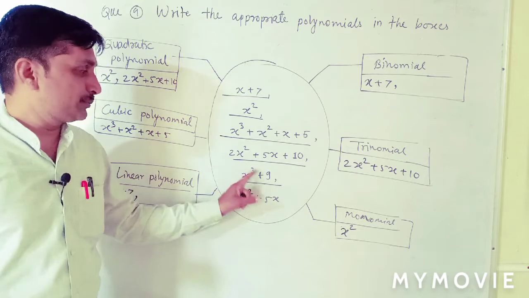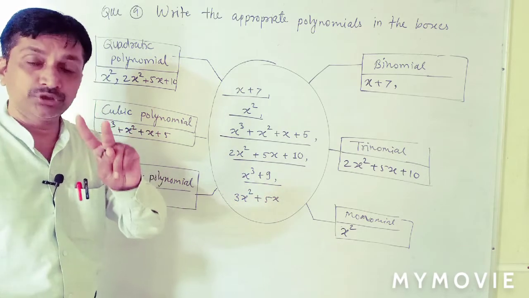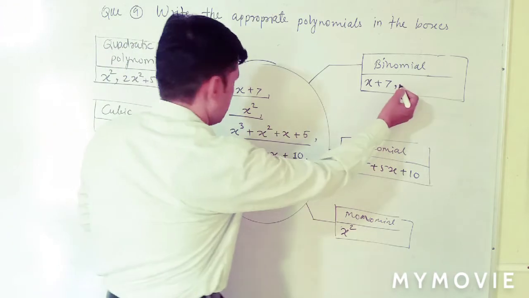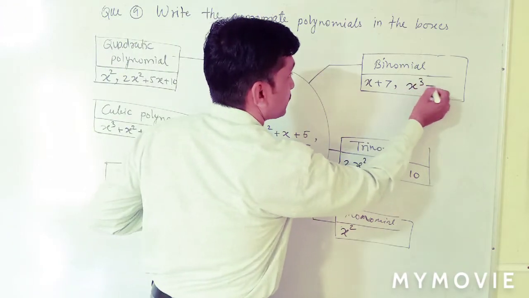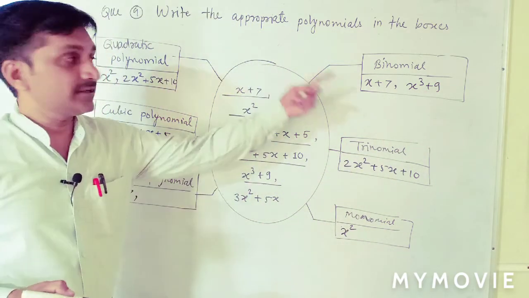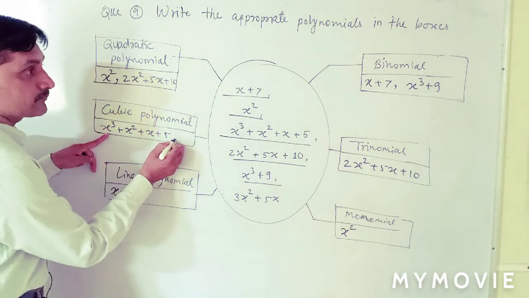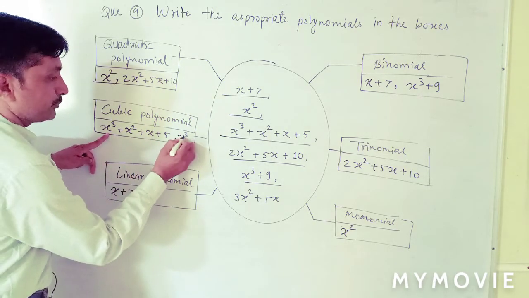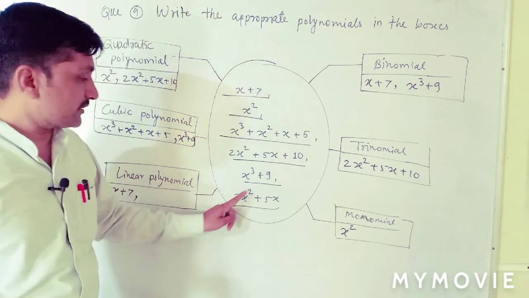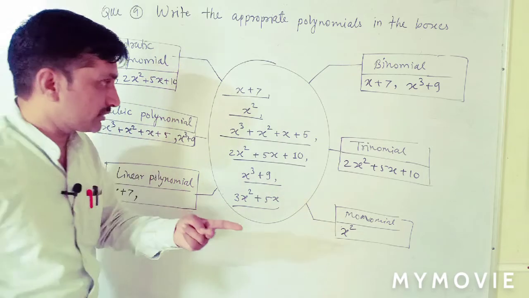Next, x cube plus 9. How many terms? 2. 2 terms means binomial. Binomial will come here. x cube plus 9. What is the degree there? 3. Degree 3 means cubic. Cubic, here it will come. x cube plus 9. Last, 3x square plus 5x. How many terms? 2. 2 terms means binomial.